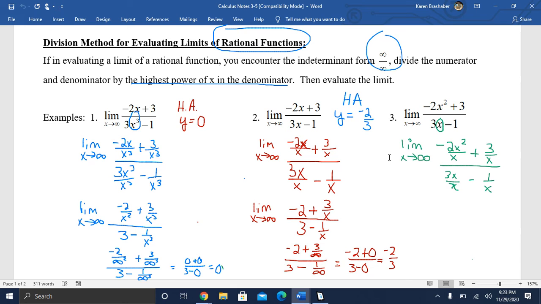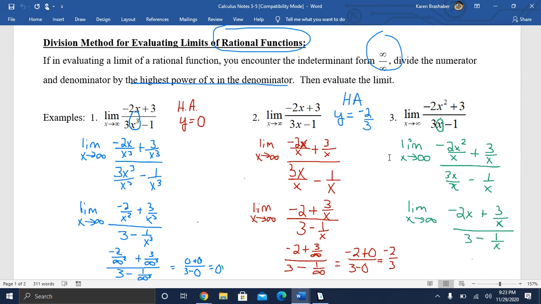So I'll do a little simplifying. The limit as x approaches infinity. So negative 2x squared over x, that's negative 2x plus, and I can't simplify this, so 3 over x. And then 3x over x is just 3 minus 1 over x.